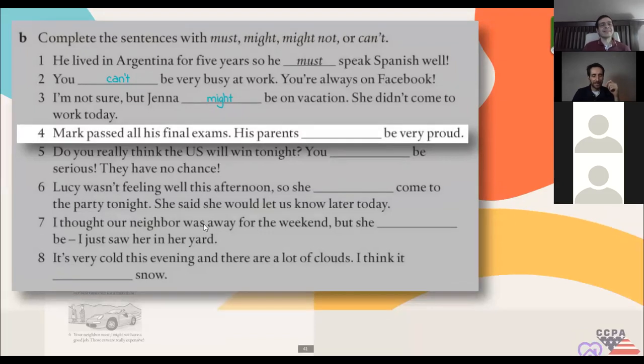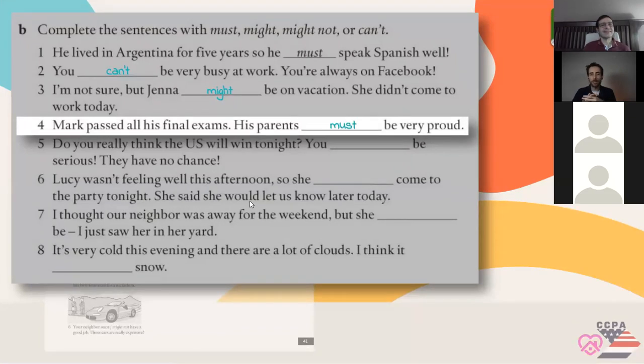Let's see. Ruth, please, number 4. Mark passed all his final exams. His parents must be very proud. That's correct. Have you taken any exams yet, Ruth, during this quarantine? No. No idea how the exams are going to be now that everything is digital.